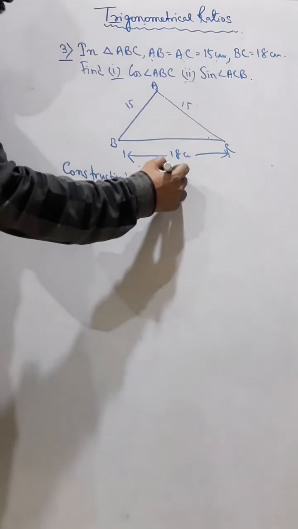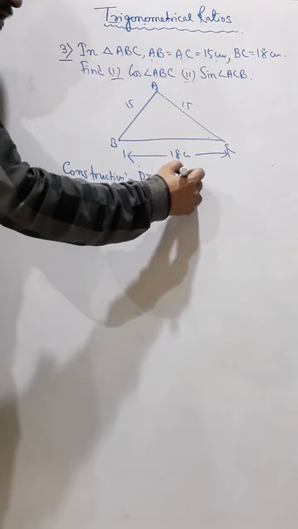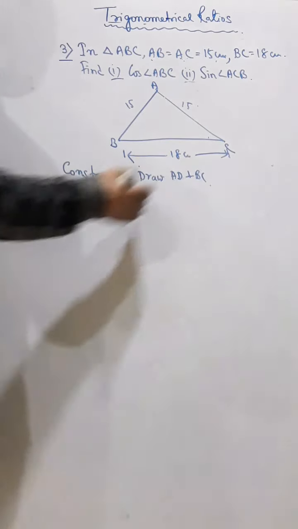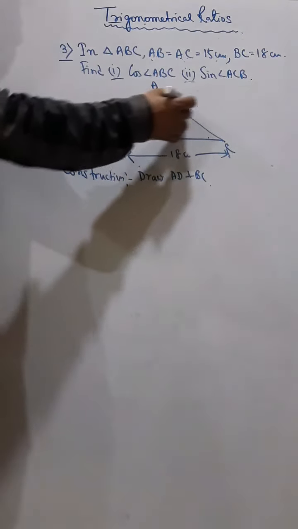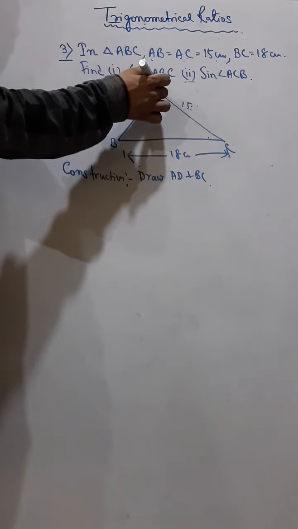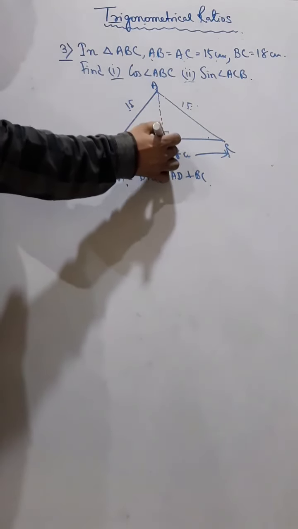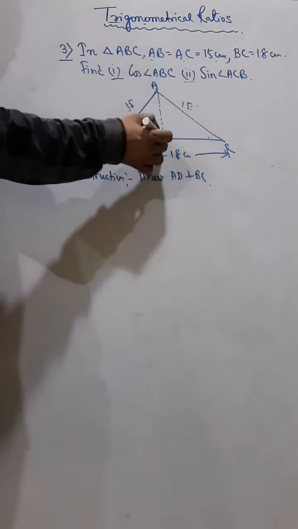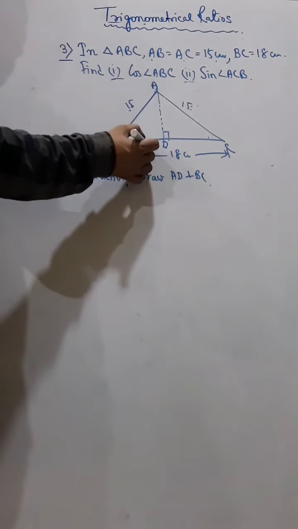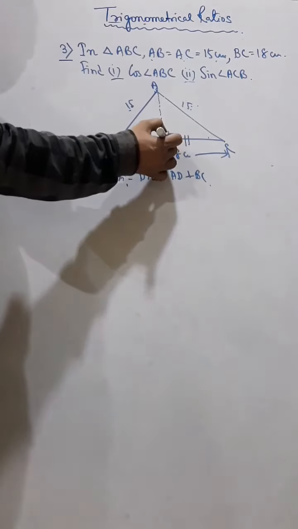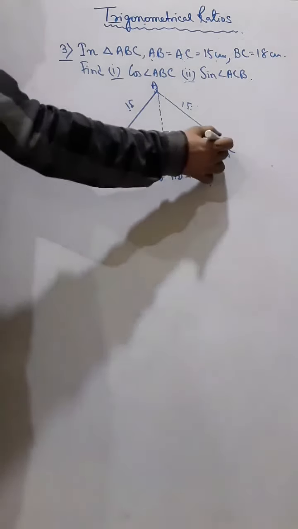Draw, say, AD perpendicular to BC. And you know, in an isosceles triangle, if I draw the perpendicular, that means if I draw the height, then that height divides the base into two equal parts. That means you can say D is the midpoint.